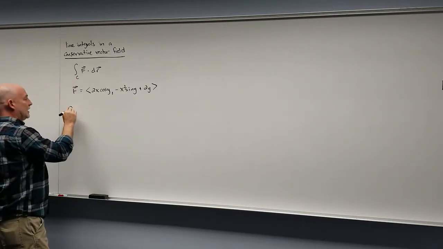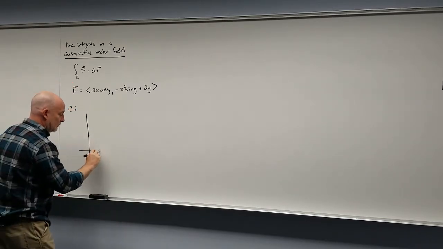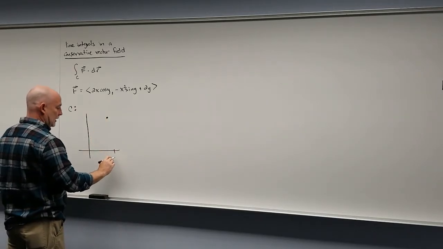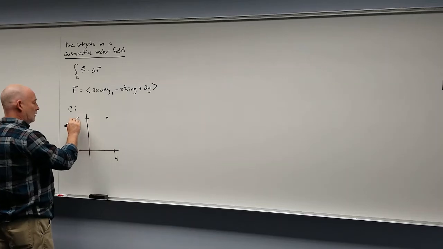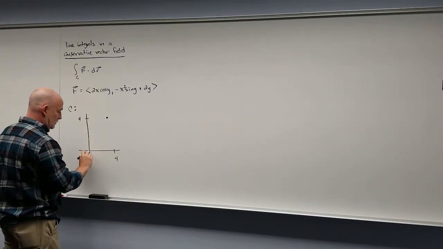And let's say the curve that I gave you is this. We want to make it out here to the point, I don't know, 4, 4. And I want to go along this line first.